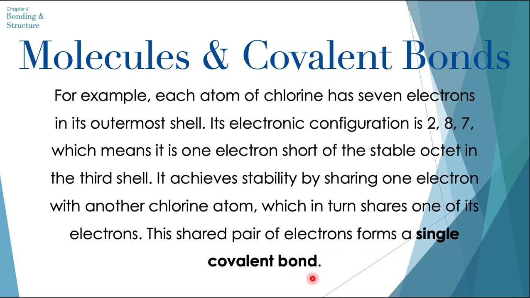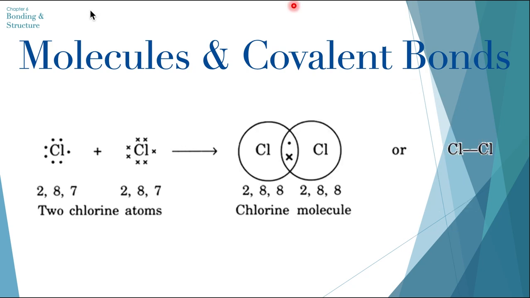Okay, so what just happened? A chlorine atom needs an electron to complete its outermost shell. Now we put another chlorine atom, the same atom, just a duplicate, which also needs 1 more electron to make a stable octet. As you can see here, electrons are in pairs.